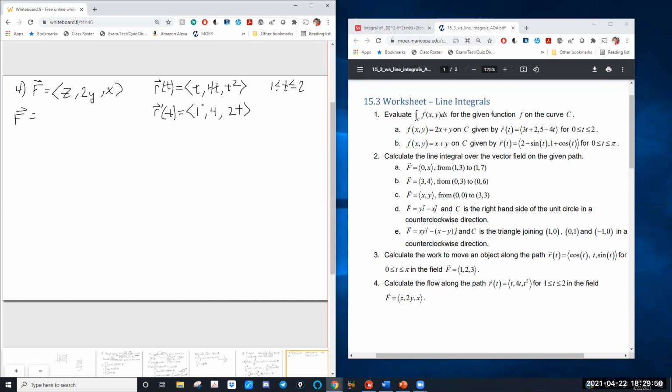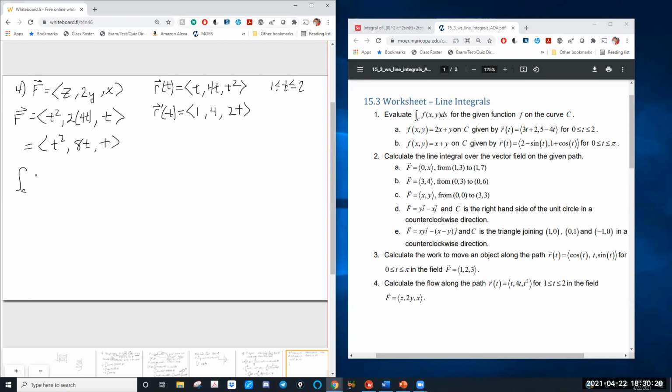So z is equal to t squared. y is equal to 4t, so that's 2 times 4t. And x is equal to t. So let's simplify that a step: t squared, 8t, t. That is our vector field using our parameterization.